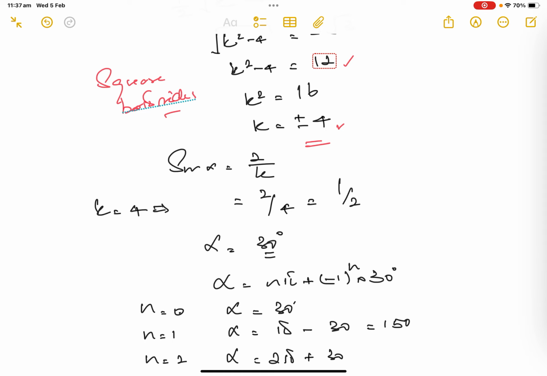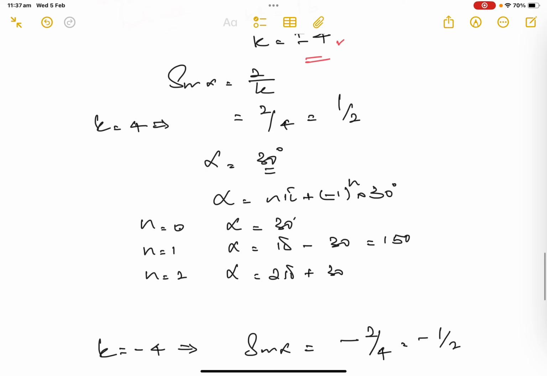Right, from that, we already know sine alpha equals 2 over k. We have two values for k. We need to find out whether both values are valid, or just one value. At the moment, we don't know, so we carry on with both values. So k equals plus 4. If that's the case, sine alpha is half, alpha is 30. Students should know about it.